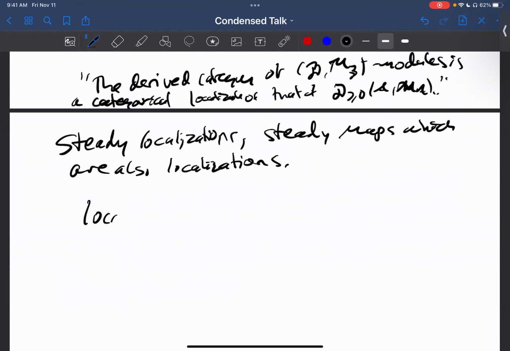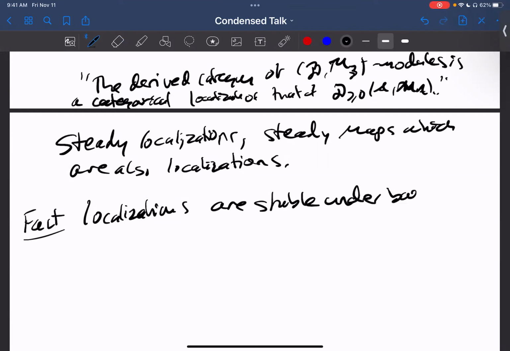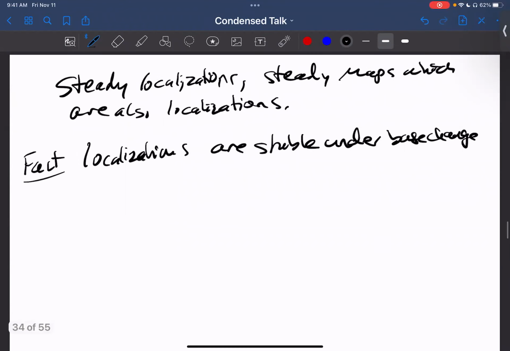So localizations are stable under base change, so pushouts, which are going to be pullbacks when we move to the scheme case, because then we're just taking the opposite and everything. These are stable under base change and composition.